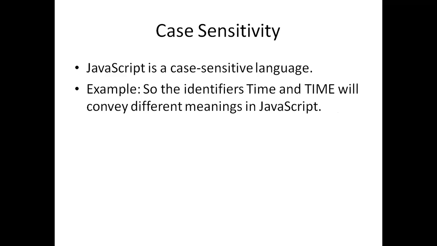While writing your variable name, declaring your variable name, and accessing the variable name, we follow case sensitivity. So remember, JavaScript is a case sensitive language, and we mostly follow this in JavaScript.